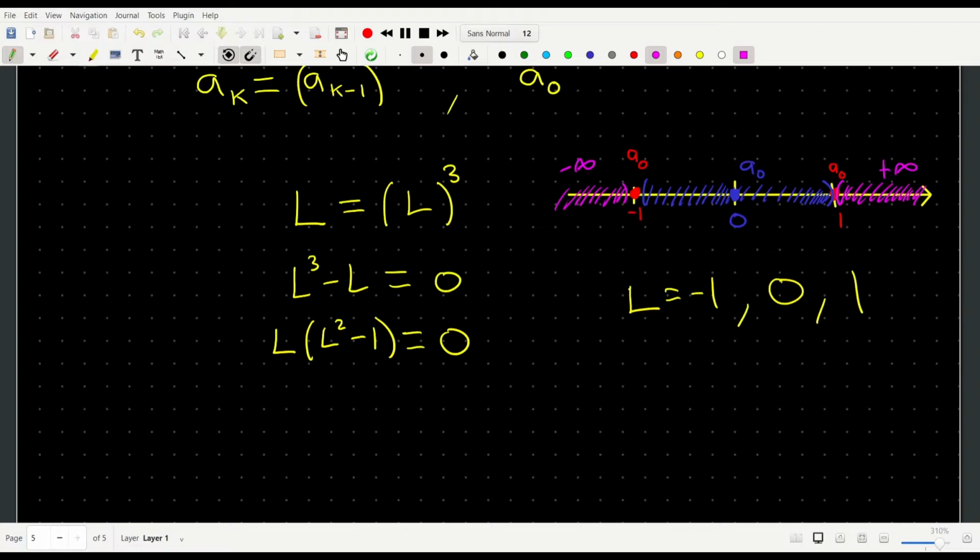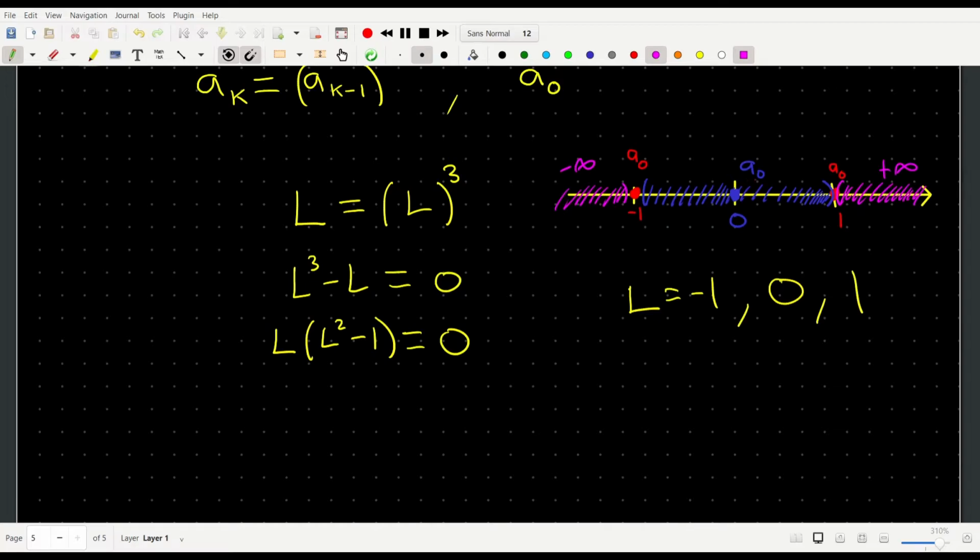And what I want to do is show you this graphically so you can see how we have this difference between what's called a stable limit value and an unstable limit value. So negative 1 and 1 as starting points are both unstable, because if we move a little bit away, the sequence is going to move away from these values.